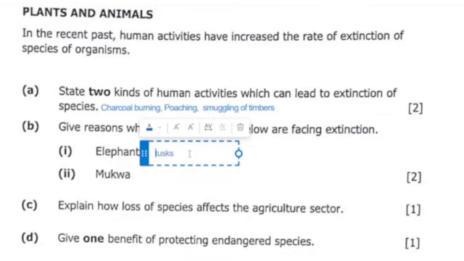Tusks which are sold at an exorbitant price.